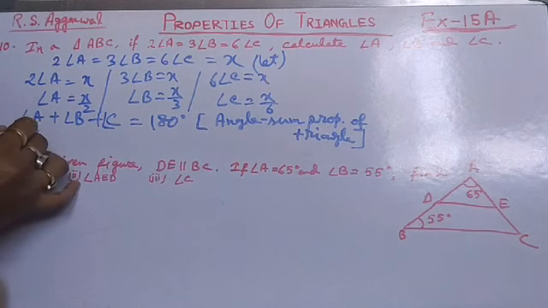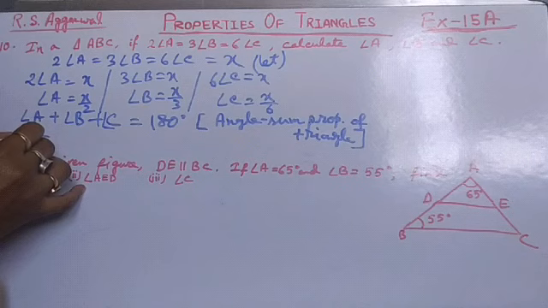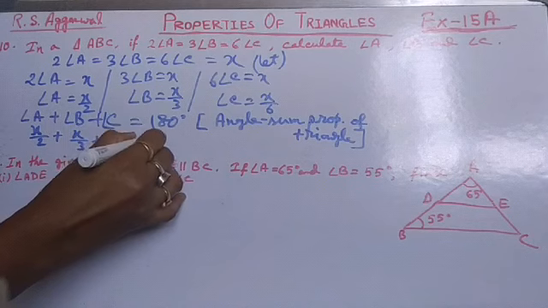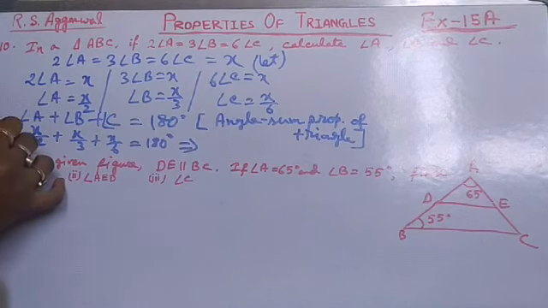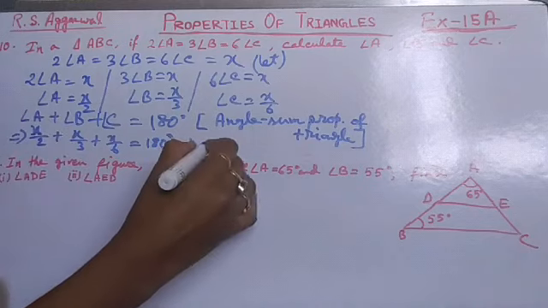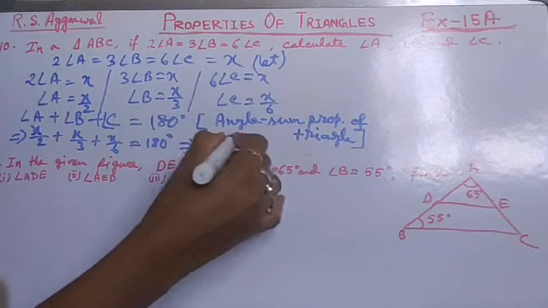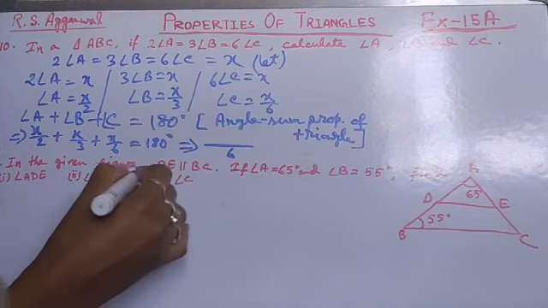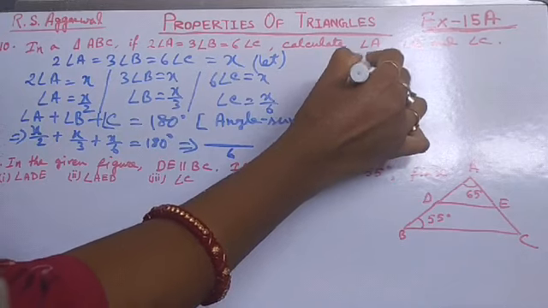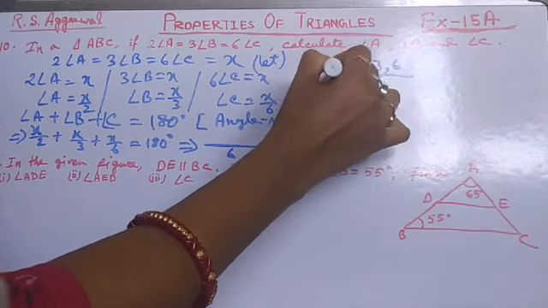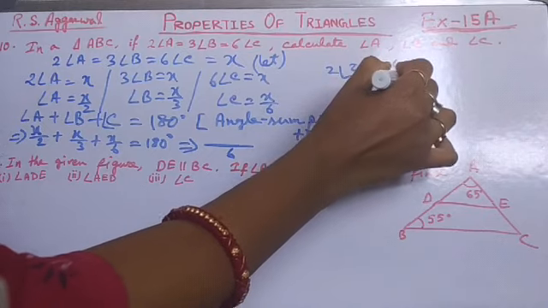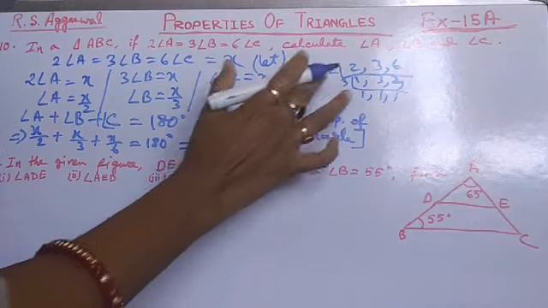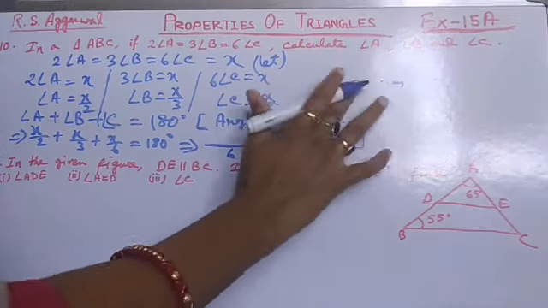Now I will put all the values of the angles: x by 2 plus x by 3 plus x by 6 equal to 180 degree. Now the LCM is 6.